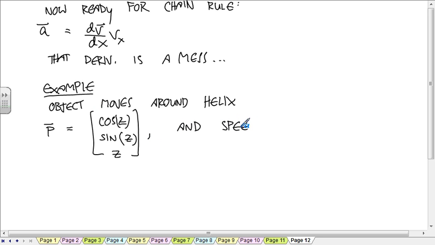And the speed is constant at 5 meters per second. What's the acceleration vector as a function of z?